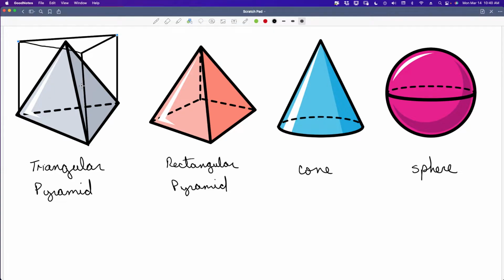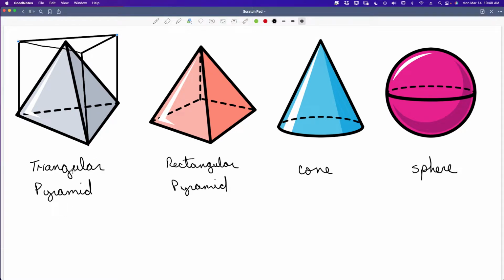And we know, based on mathematical calculations over and over again, that a pyramid takes up exactly 1/3 of the space that the right solid shape of the base would take.